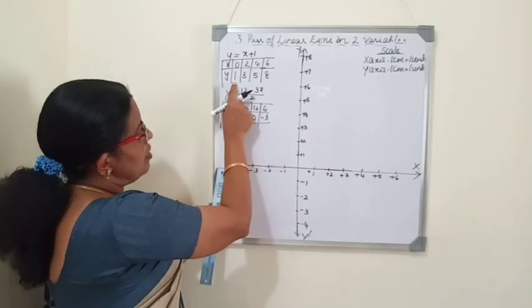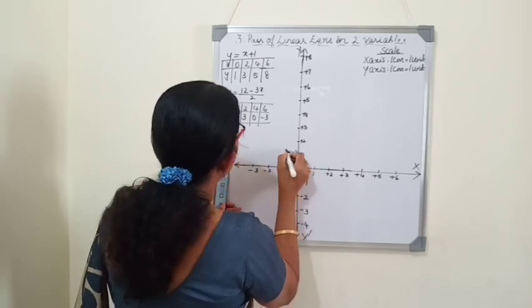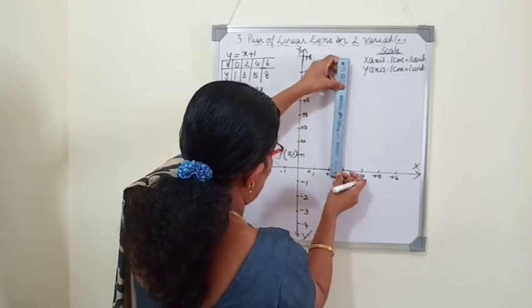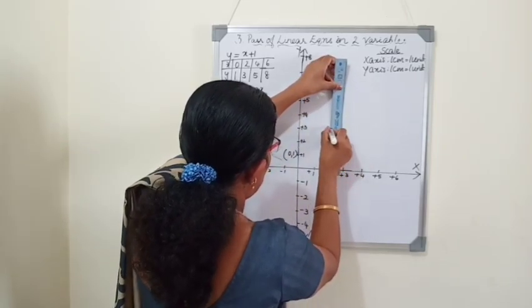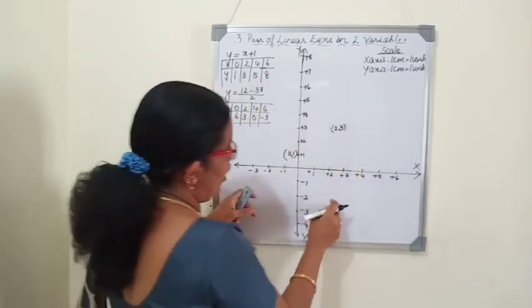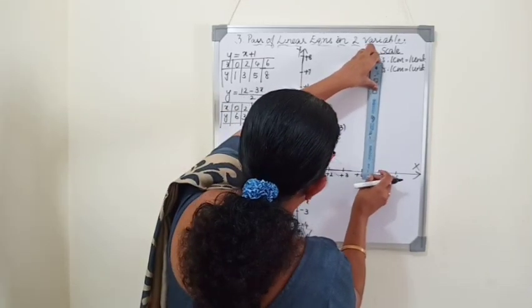First set of points, 0, 1. Here we will mark. Next, 2, 3. Then 4, 5.